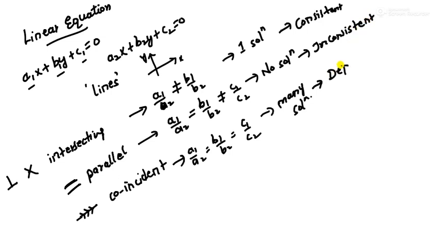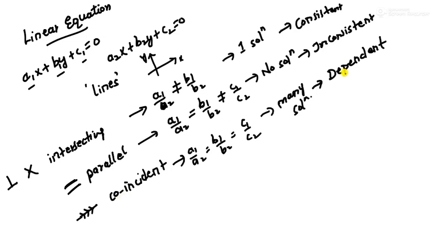Now how are you going to say whether the given equations are consistent, inconsistent, or dependent? That can be decided based on this. If the lines are intersecting, we call it consistent. If it is representing parallel lines, then it is inconsistent.